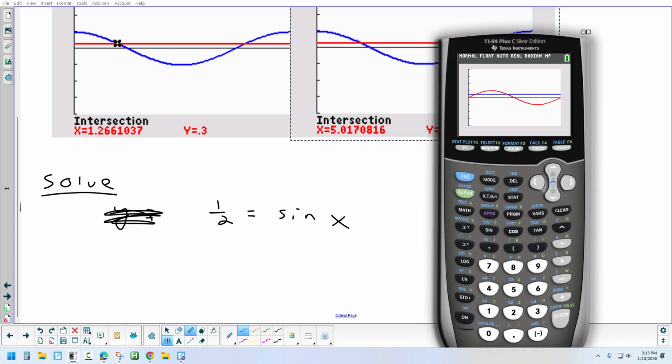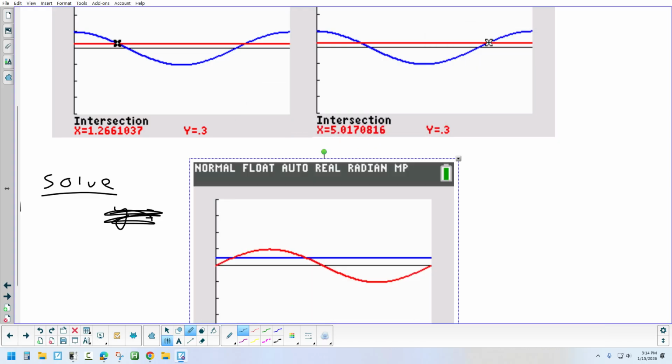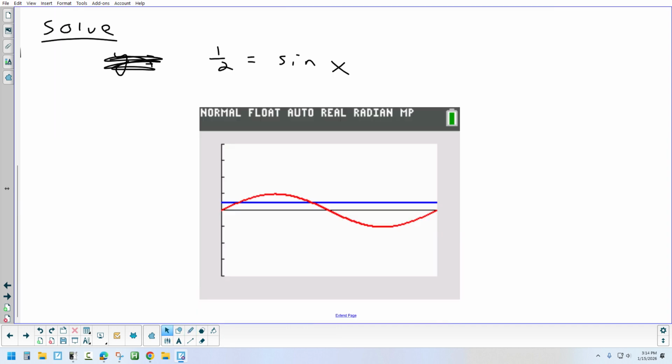Okay, and how many answers do I get per cycle? 3? Can you explain to me where they are? At the intersections.